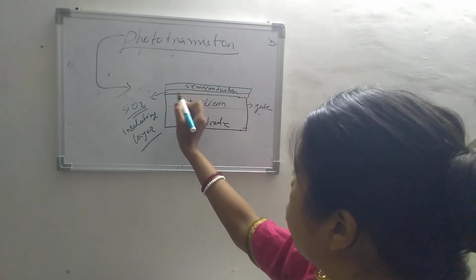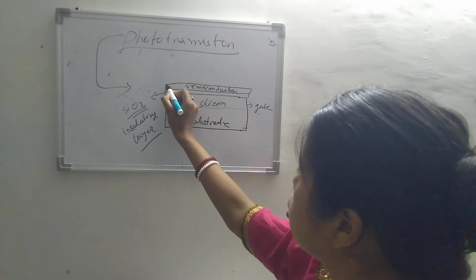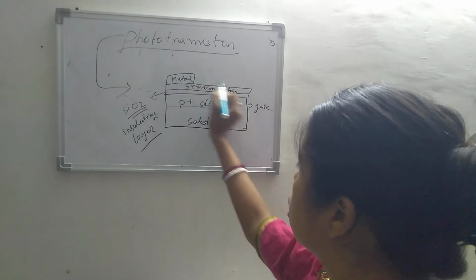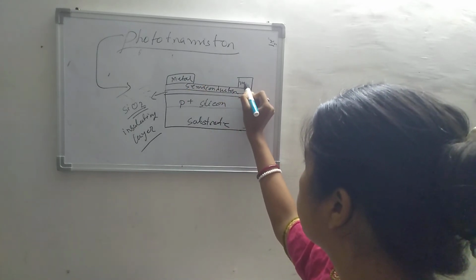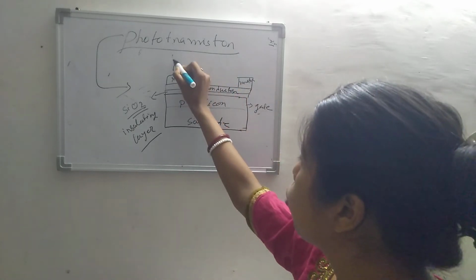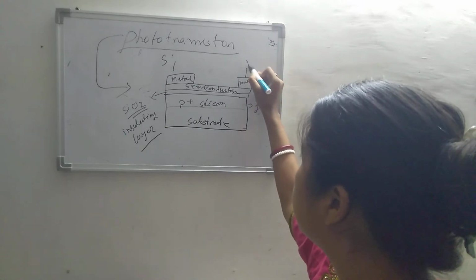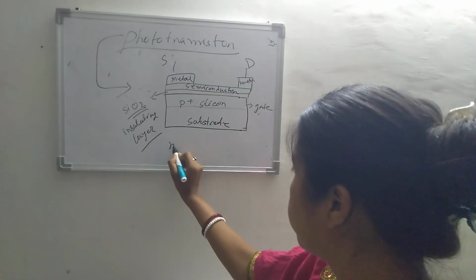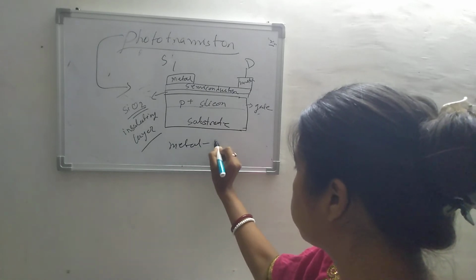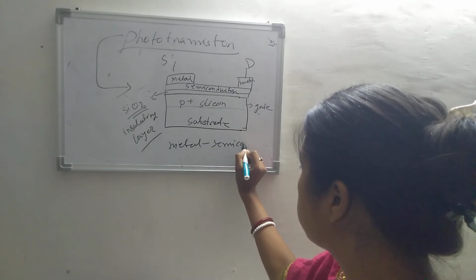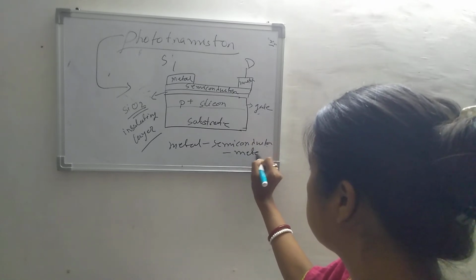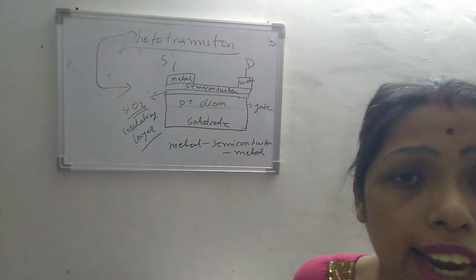So above this is the metal, here also metal. These two are the source terminal and the drain terminal. Okay, so this structure is defined as a metal-semiconductor-metal structure in the form of the lateral.